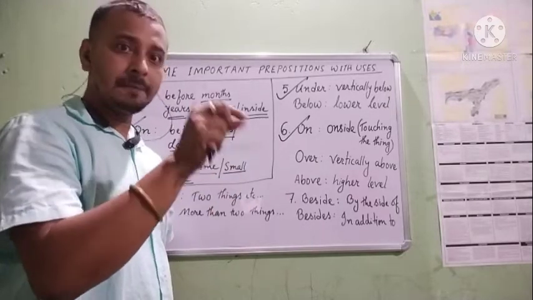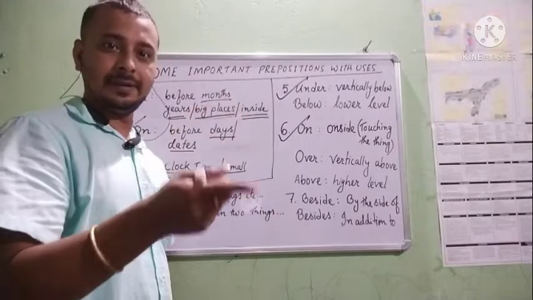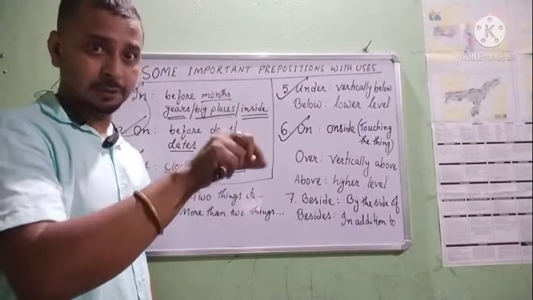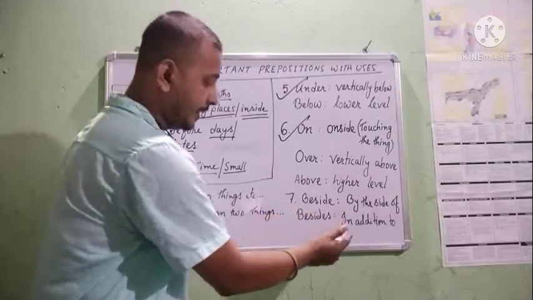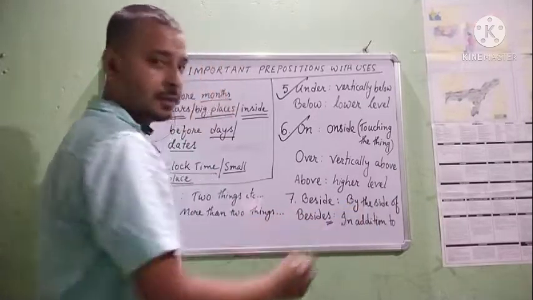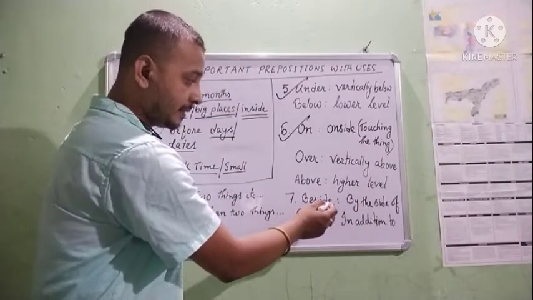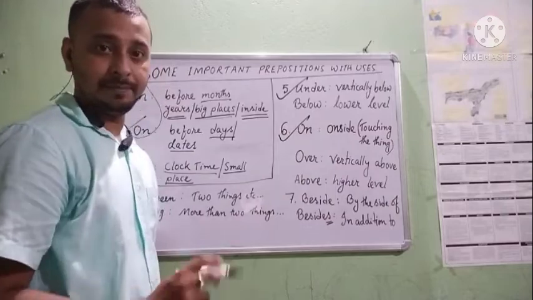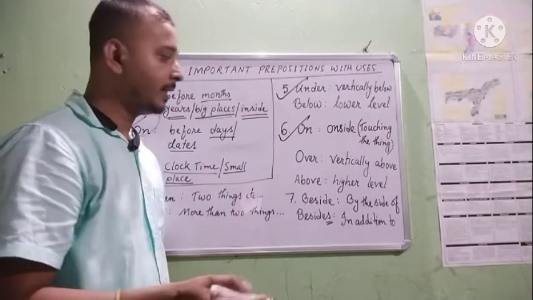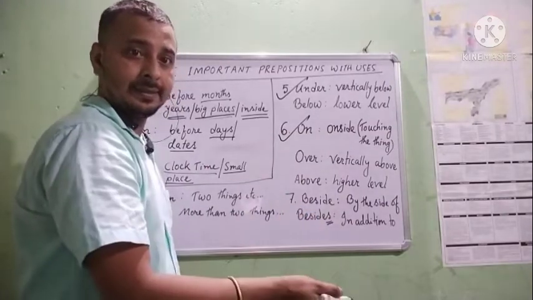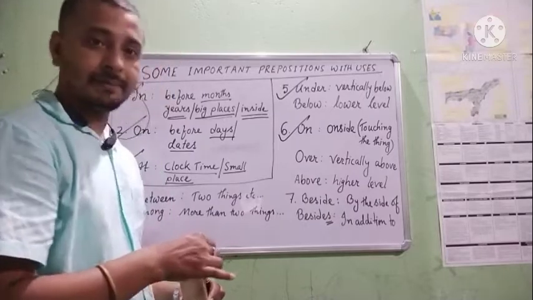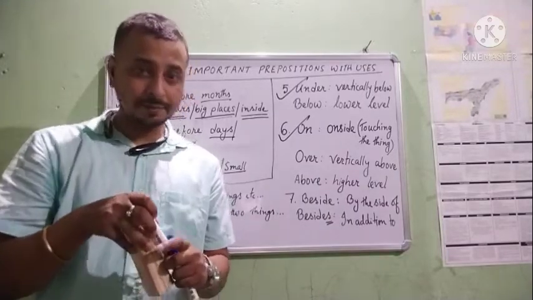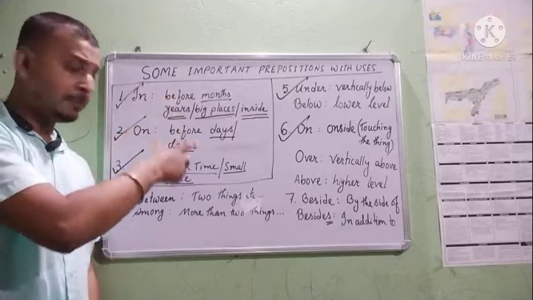Means you plus I were there. That is besides. When there is S, it is in addition to. When there is no S, beside means by the side of. And besides, in addition to. Okay? So these are the basic uses of these prepositions.